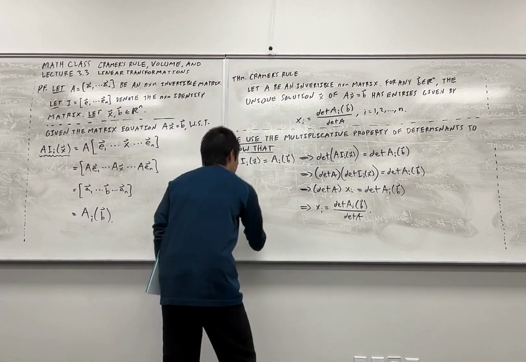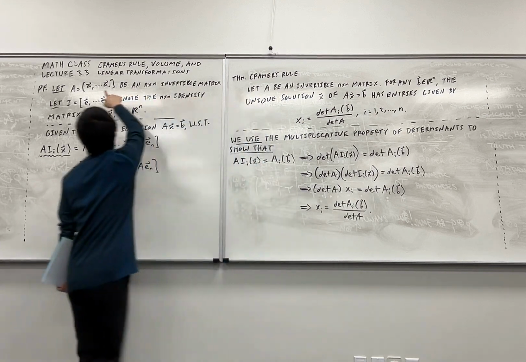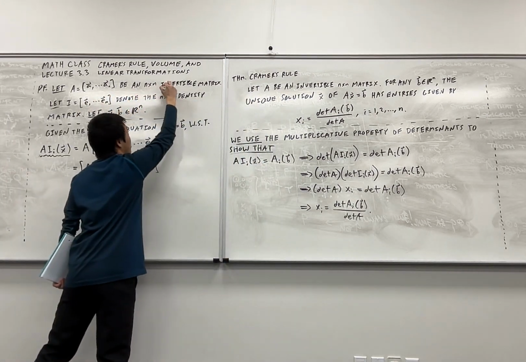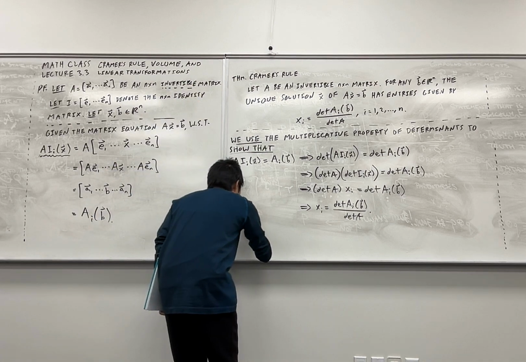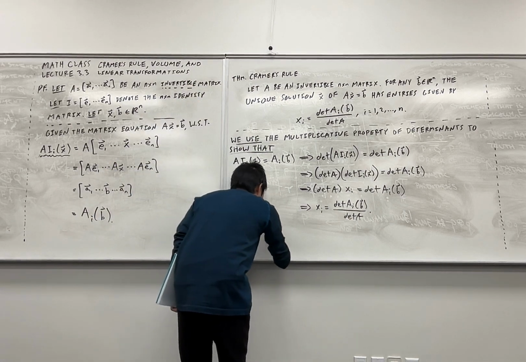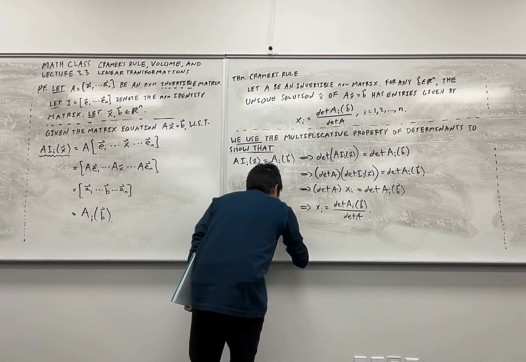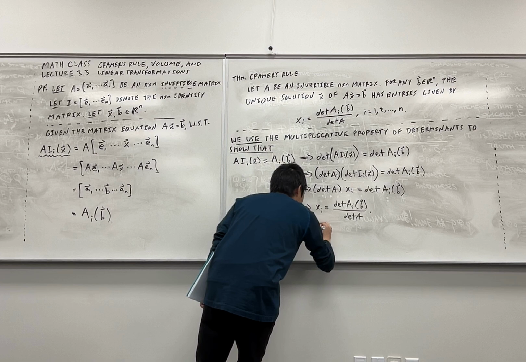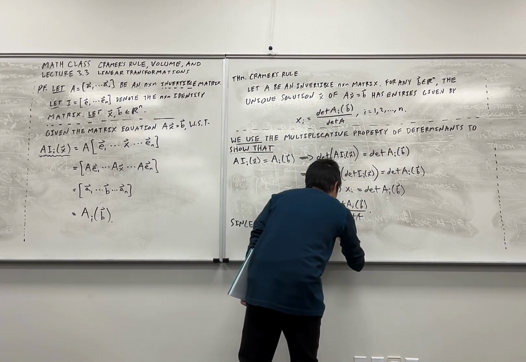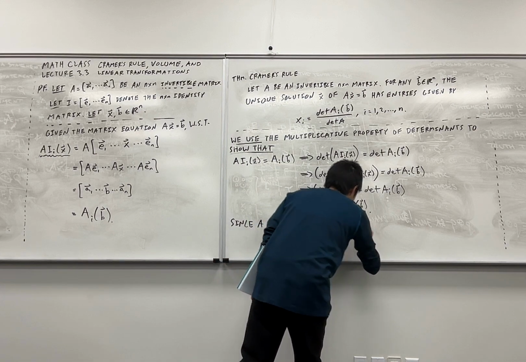So we can state, because remember, at the beginning I called it invertible, so I can say, since A is invertible, the determinant of A can never be equal to 0. It's impossible.